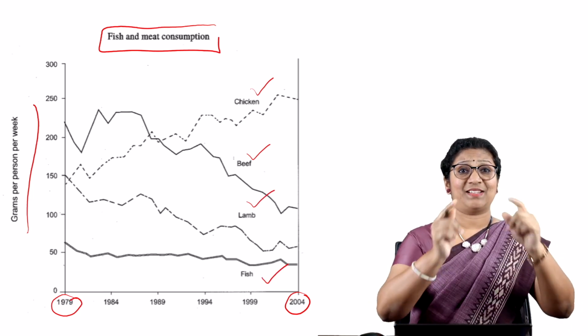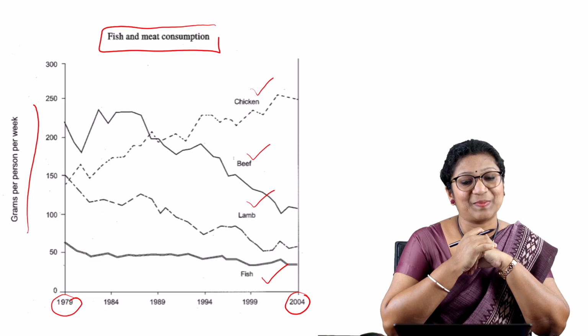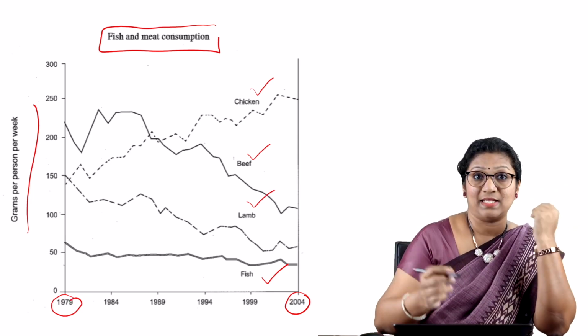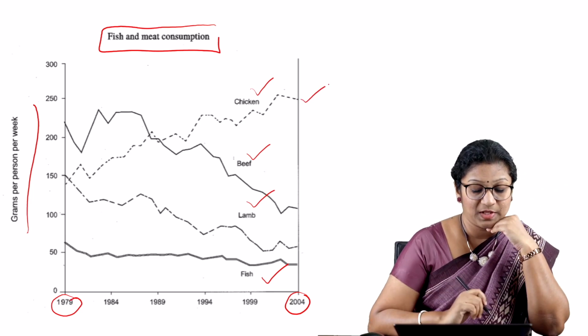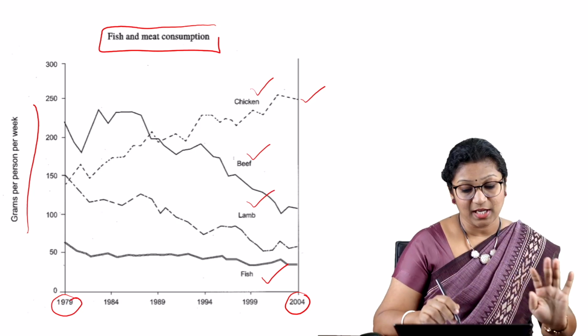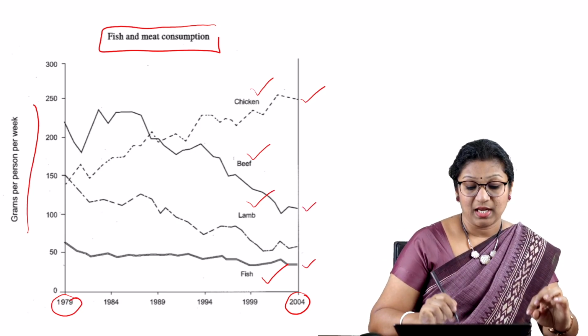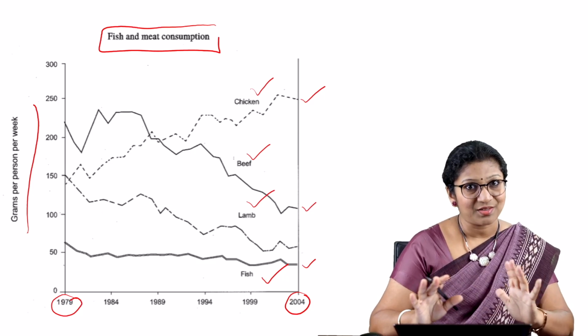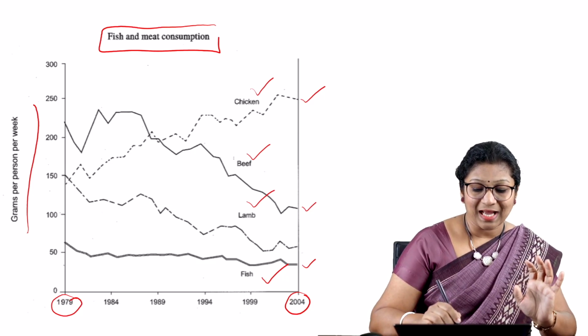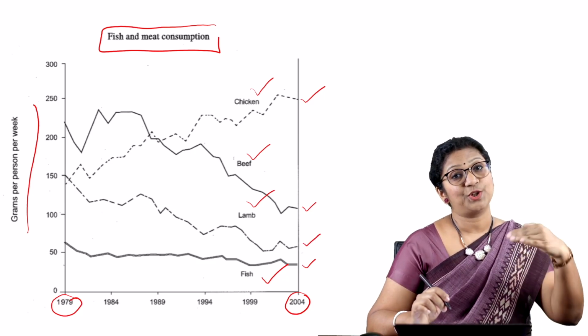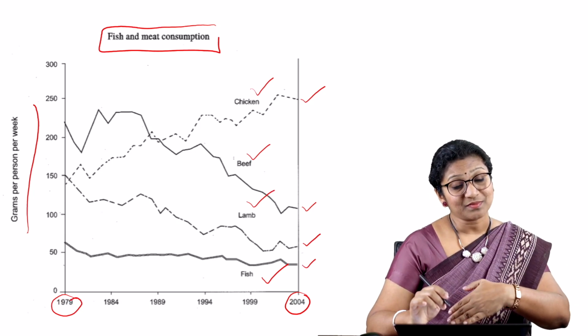Now a quick look at this chart. What do you understand? Well, you can see an increasing trend in case of chicken. You can see a decreasing trend in case of beef. You can see that the consumption of fish was almost stable. For lamb, you can see the consumption rate showed a marginal fall.